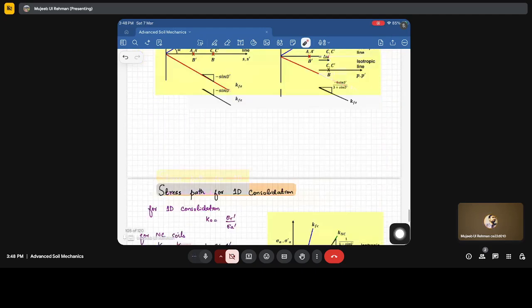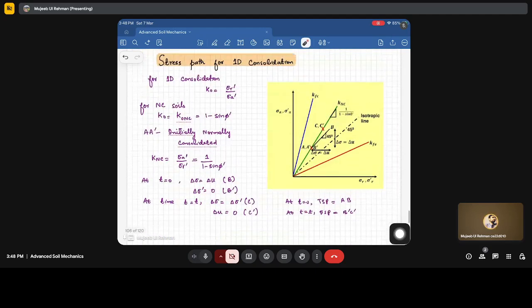Fine. So after t is equal to 0, when we apply the delta sigma 3, at t is equal to 0 it will be equivalent to delta u.